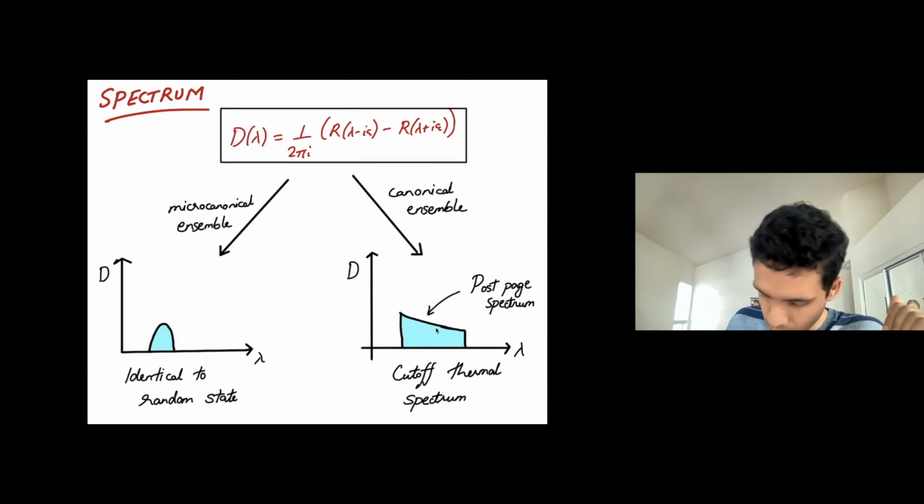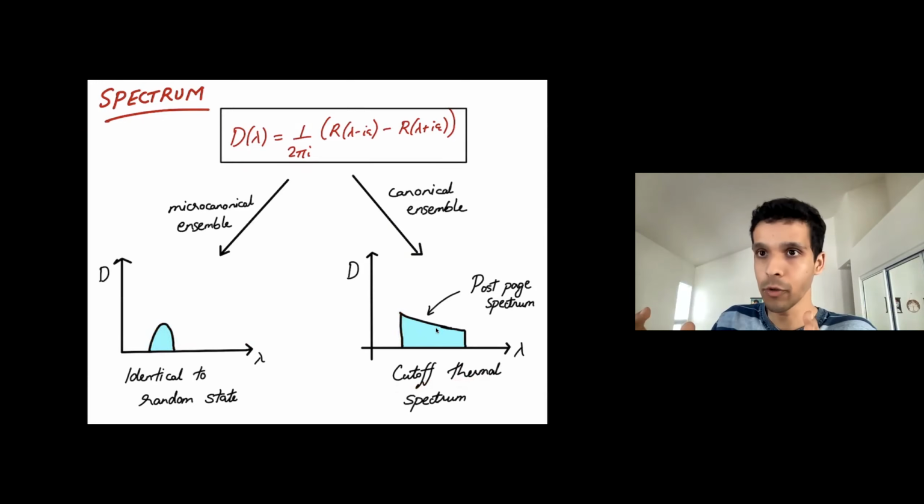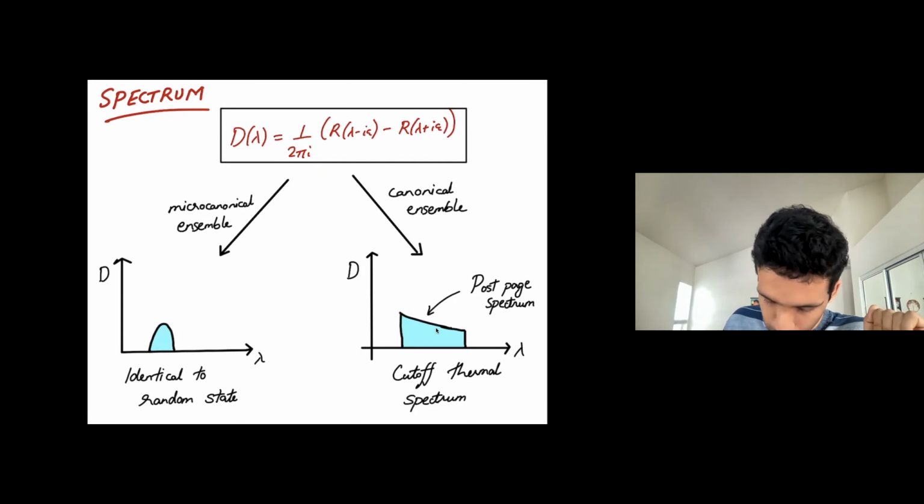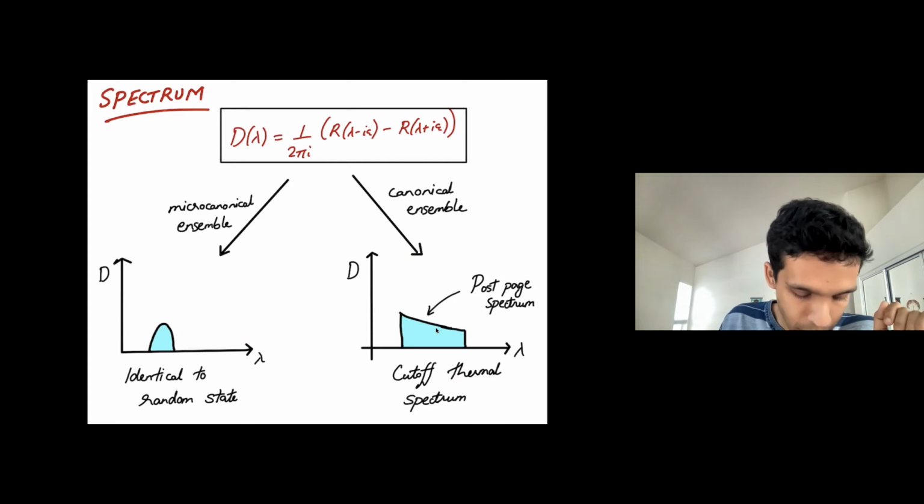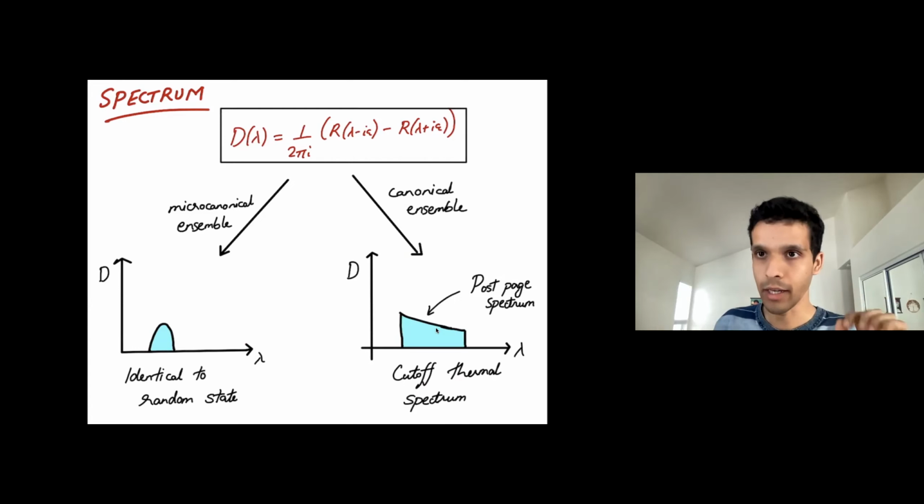And in the canonical ensemble, one ends up getting a more interesting spectrum, which is what they called a cutoff thermal spectrum. So it's a thermal spectrum which has been cut off at some value and shifted. That won't be so important, but essentially the point is that in both of these cases, the spectrum can be analyzed. And this, remember, is the entanglement spectrum. And this will play an important role in understanding the reflected entropy.